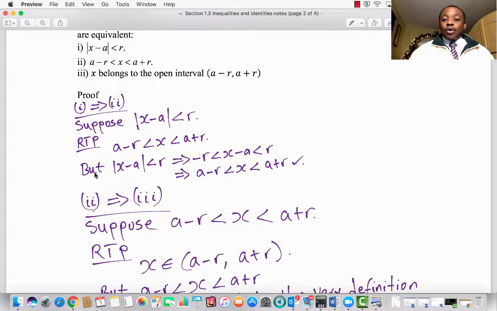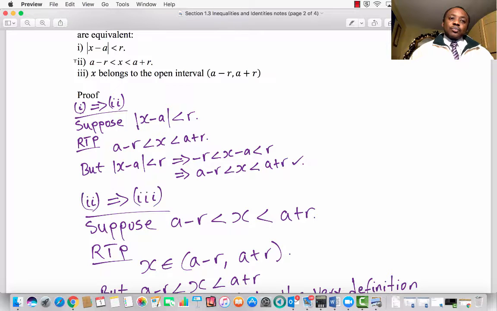But absolute value of X minus A less than R, what does that mean? It implies negative R is less than X minus A, which is less than R. I add A to all sides and I end up with A minus R less than X less than A plus R, which is what I'm trying to prove. So I'm done. 1 implies 2.